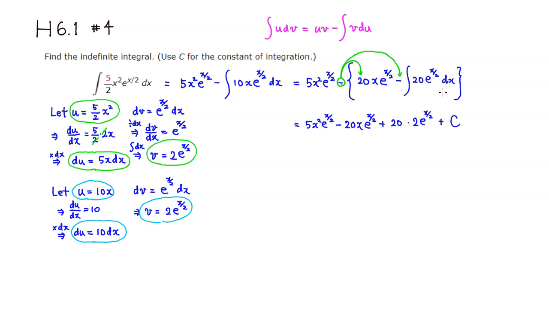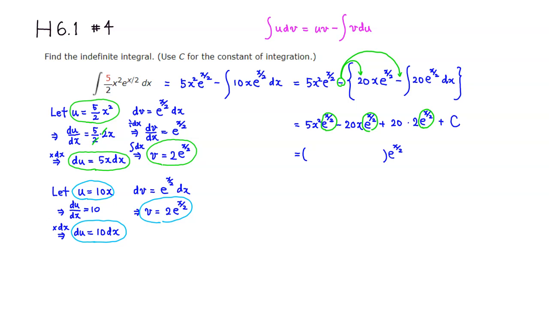Then we can clean this up. You can see that every single term has e to the x over 2, all 3 terms here, so we can pull it out. So you have e to the x over 2, then we have what's left.